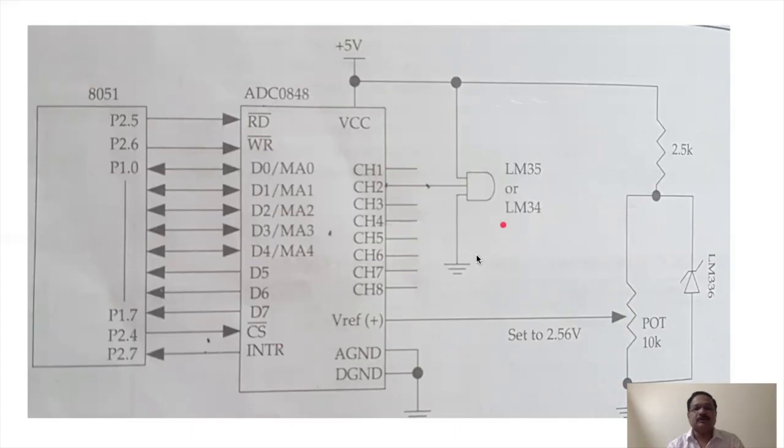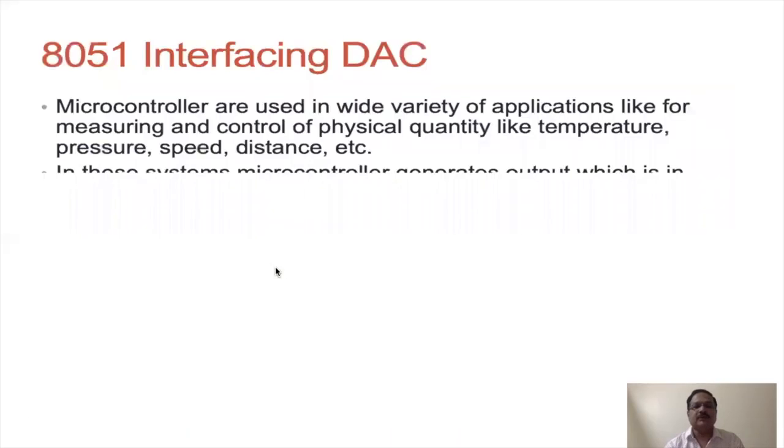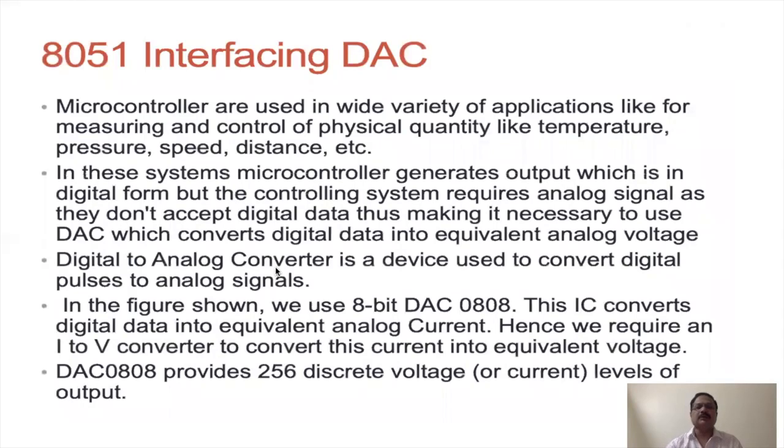From the channels you will get the analog input converted into the digital output. Say 0 volt to 10 volt, you will get the equivalent digital output over here. That is how the A to D converters are interfaced with the 8051 microcontroller.